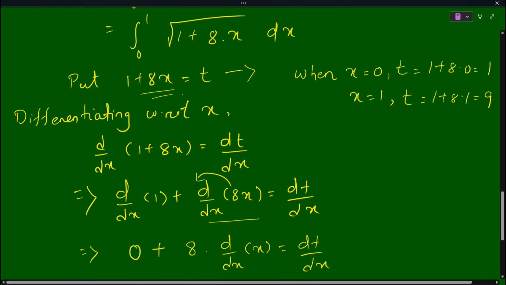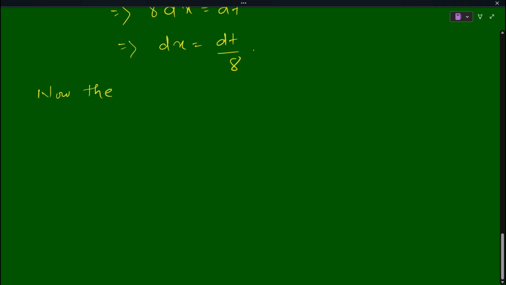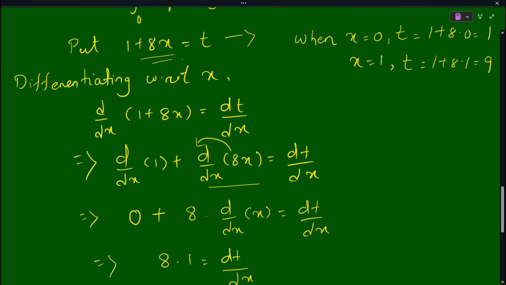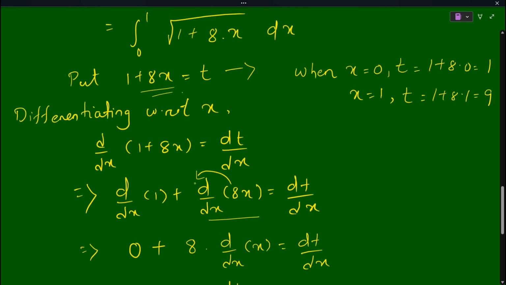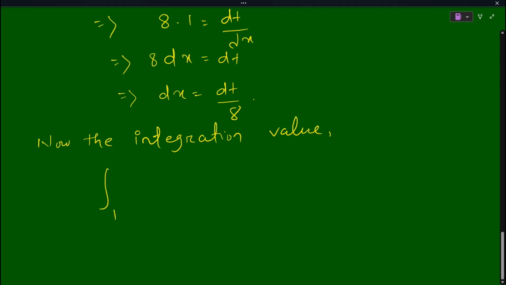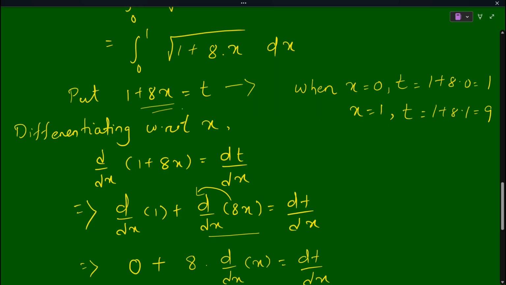So now we will substitute all these values. First change the limit, write the limit of t. So what is the limit of t? t is limited from 1 to 9. Okay, so the limits are 1 to 9.